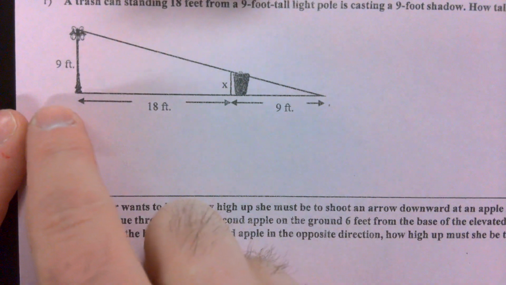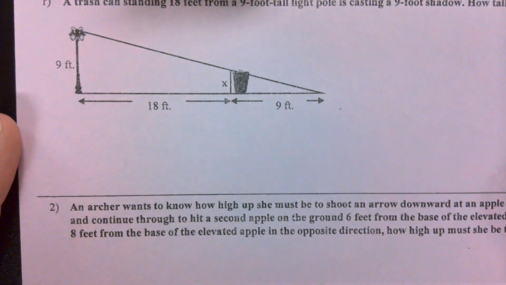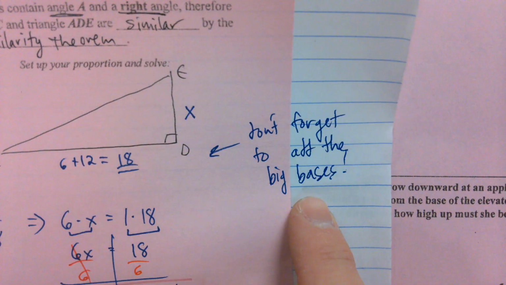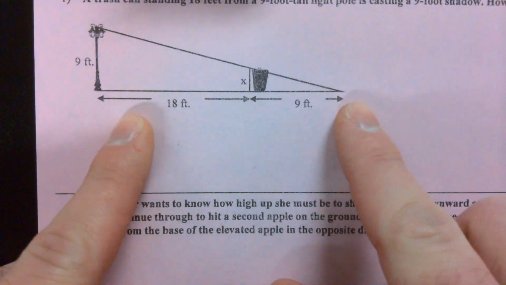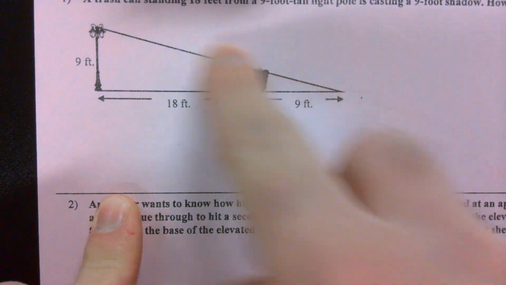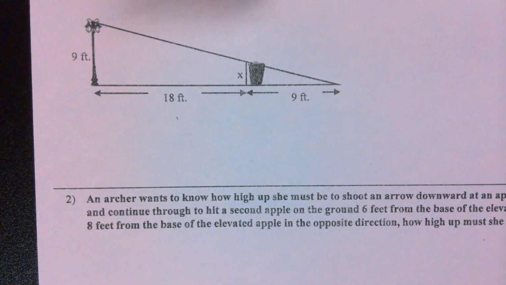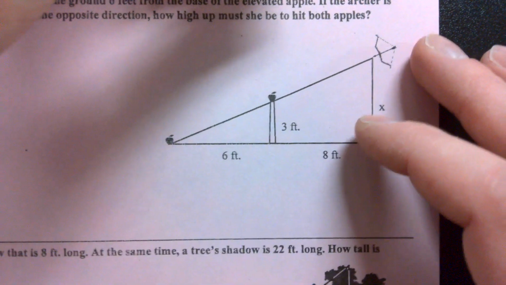How long is the total shadow of the light pole? 27. Don't forget to add the big bases. I got an 18 and a 9 on the bottom. The whole base of this whole big triangle is 18 plus 9, which is 27. So that's what you want to put into your proportion.